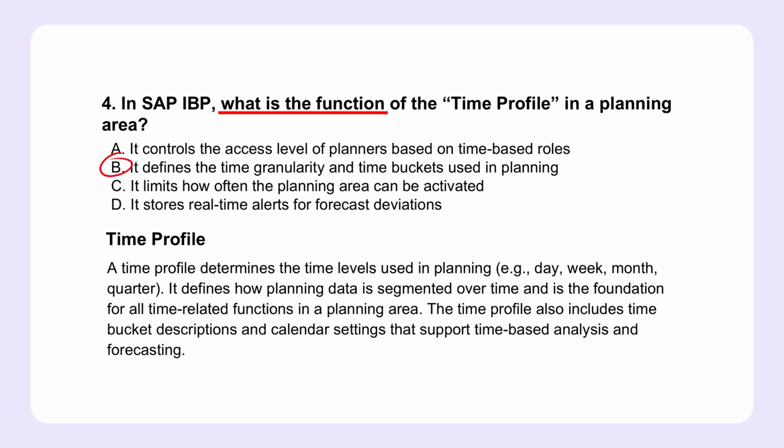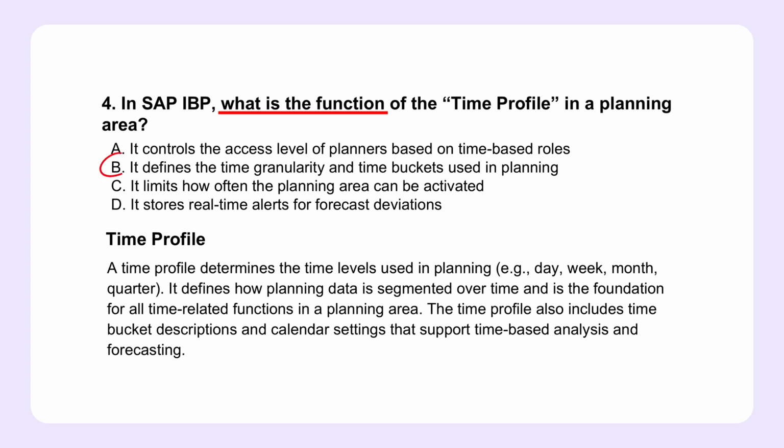The time profile is where you define these levels of time granularity, days, weeks, months, and the time buckets. And this really dictates how your data is stored, how it's aggregated for analysis, and ultimately how it's displayed in your planning views. It forms the basis for the time structure of the planning area, as the explanation says.